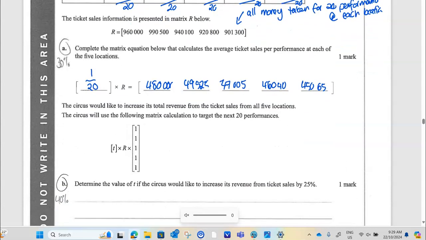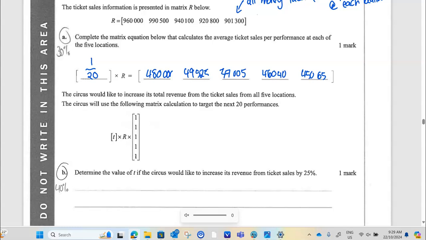Okay, so the circus would like to increase its total revenue from ticket sales from all 5 locations. The circus will use the following matrix calculation to target the next 20 performances. So remember, this is the total revenue at each location, and they want to increase their total revenue from all 5 locations.